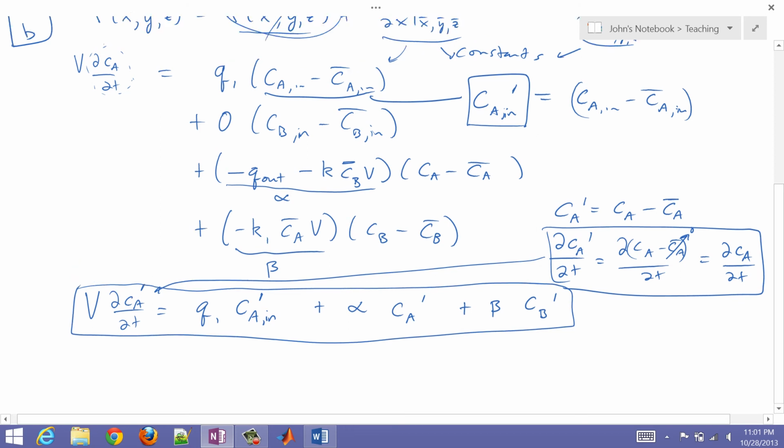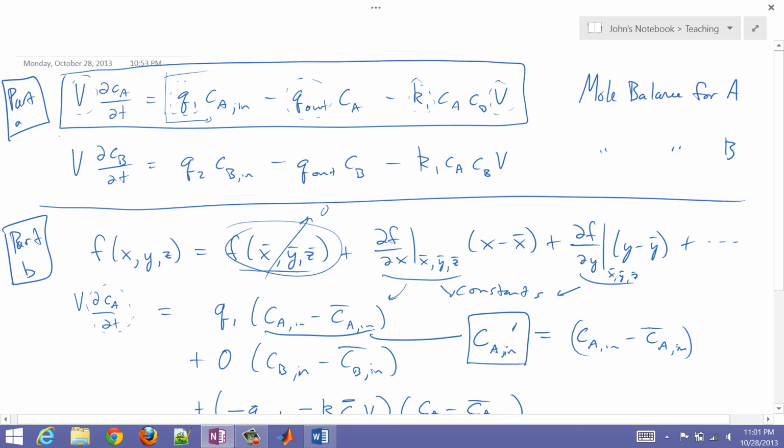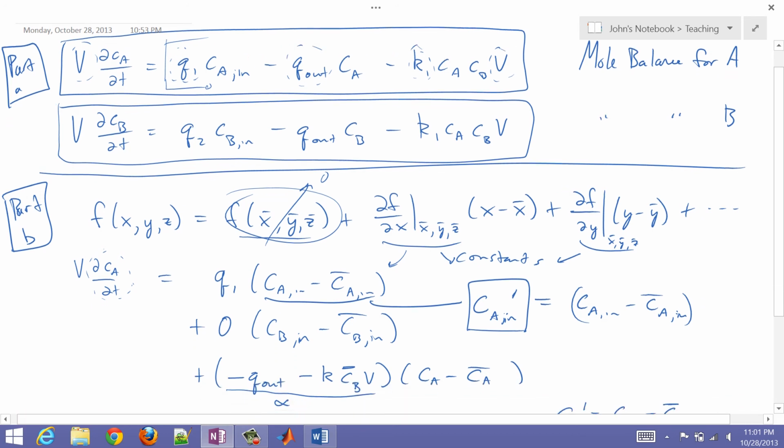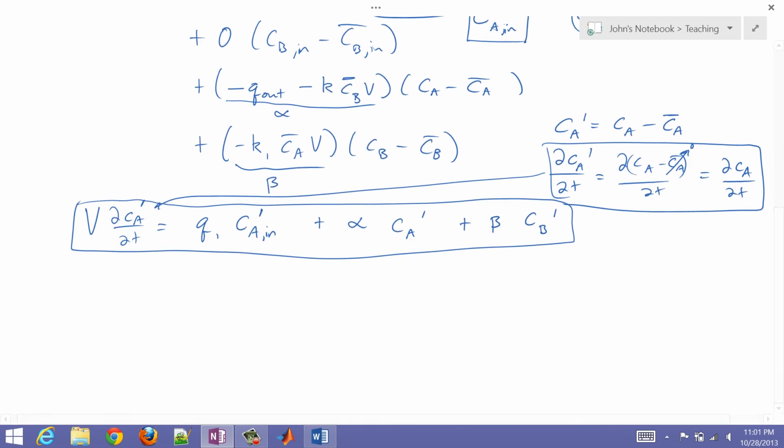So let's go ahead and do that for B as well. Okay, so this is my mole balance for B. Let me go ahead and do the linearization for this one as well. I just have to remember that one as I scroll down. Okay, so I think I've got it.